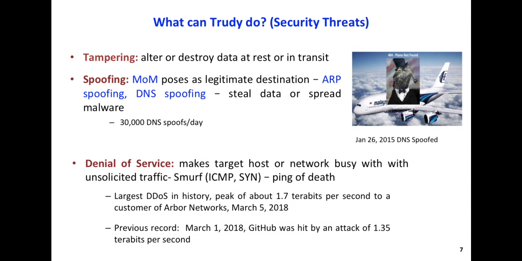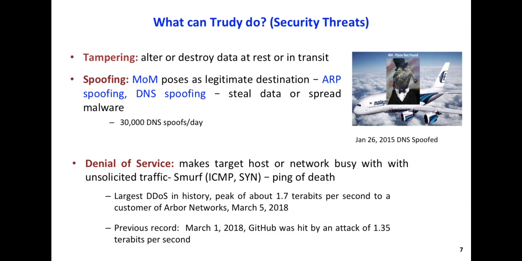One way to launch a distributed denial of service or smurf attack is to send ICMP from a spoofed IP address. So an attacker spoofs an IP address of a server. Using that source IP address, it sends ICMP messages to a number of computers on the network.